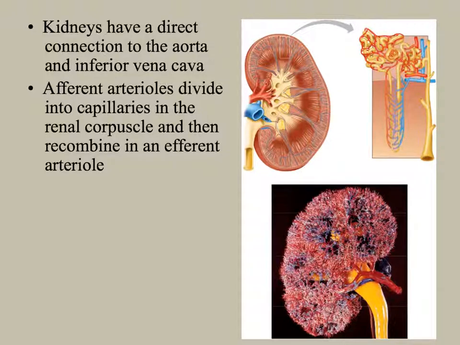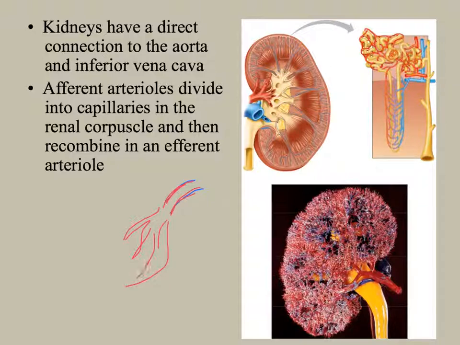So as I mentioned earlier, kidneys have a direct connection to the aorta and the inferior vena cava because they are filtering so much blood. And in the renal corpuscle, you have your arteriole, which divides down into capillaries and then recombines back up into an arteriole. So you've got this arteriole coming in. I probably should do this in red since we're talking about arteries. So arteriole coming in, and then it's dividing into numerous capillaries here.